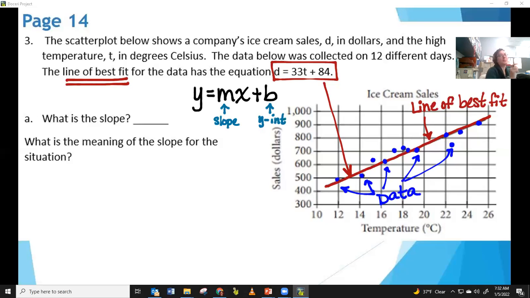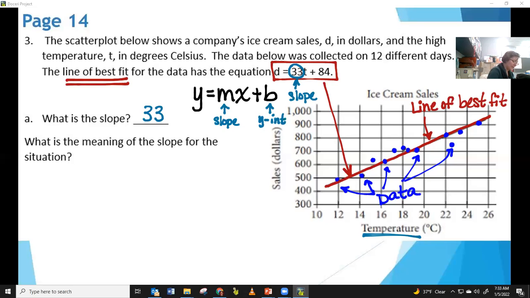So I'm looking for the number that's next to a variable, the variable that's on the x-axis. And on the x-axis, they have temperature, and they're using the variable T to mean temperature. So that means that this right here is my slope. I'm going to write 33 here.